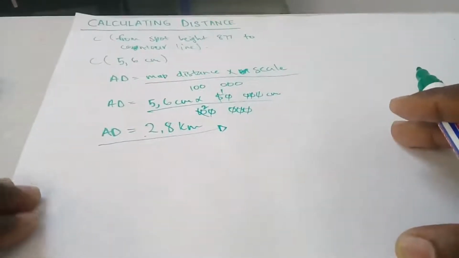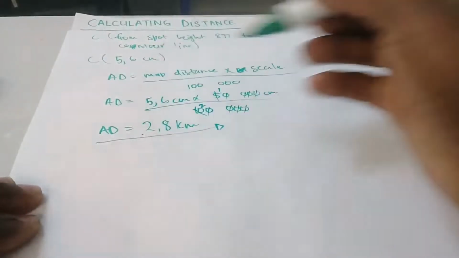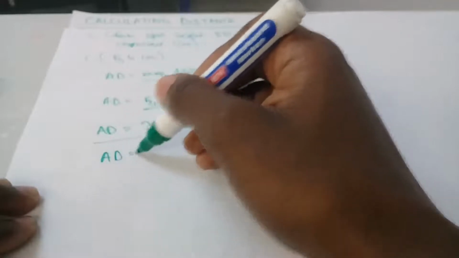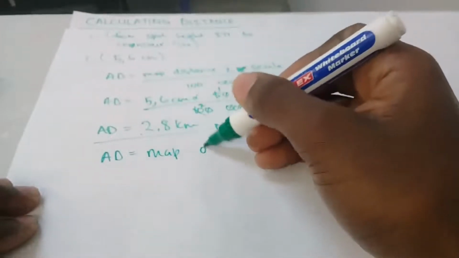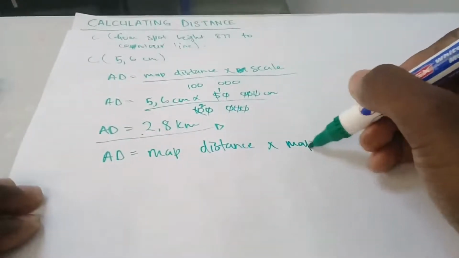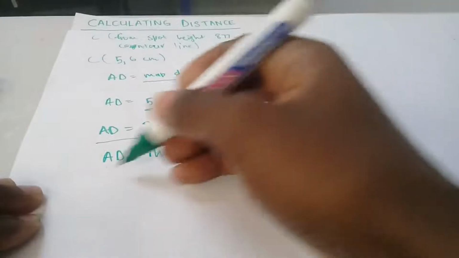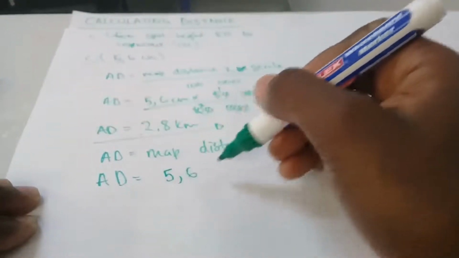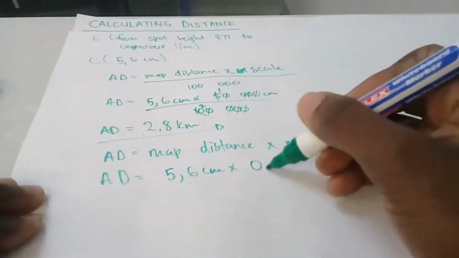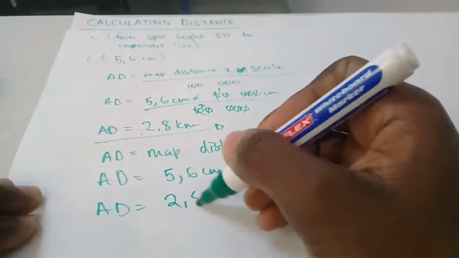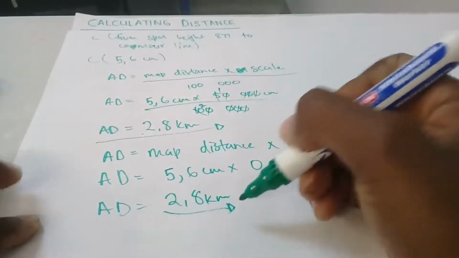In other ways, the very shortest one, the easiest one, and the smartest one, you can say actual distance is equal to map distance multiplied by a map scale. Actual distance is equal to 5.6 centimeters multiplied by 0.5. Your actual distance is going to be 2.8 kilometers. Okay, that's how it goes.